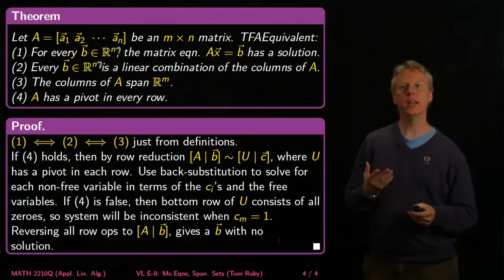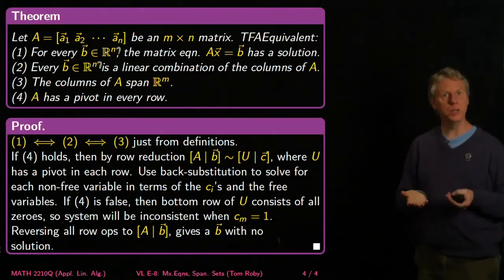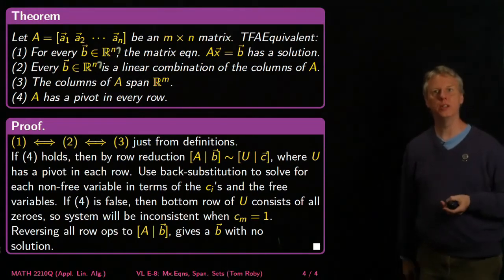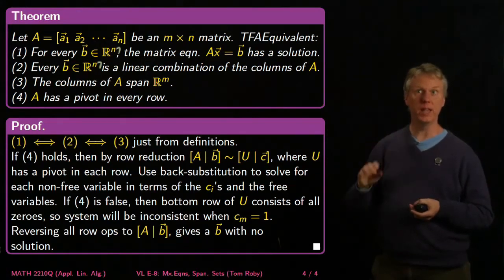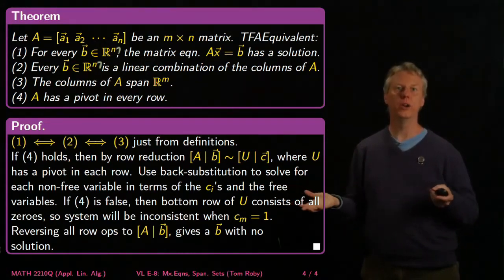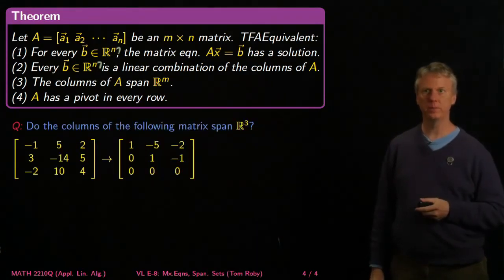Okay? So that's how we can use some fairly simple reasoning based on our computational understanding to understand whether a set of columns, a set of vectors, spans another one, and there'll be lots of examples where we do this.